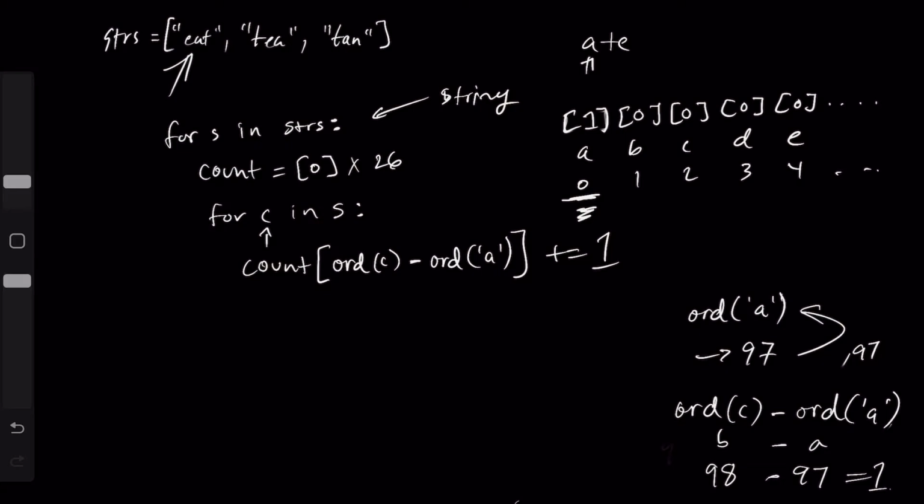As you go up the alphabet, A, B, C, D, 97 becomes 98, 99, and that's how you find the index for each letter inside of these zeros. Every time we see one of the letters, we add one to its corresponding index. That's pretty much how this code works.